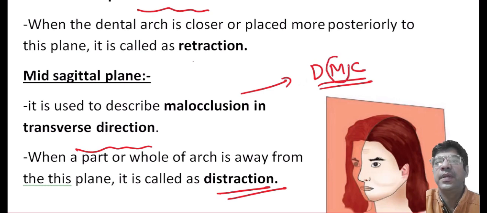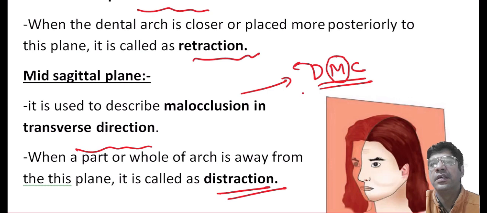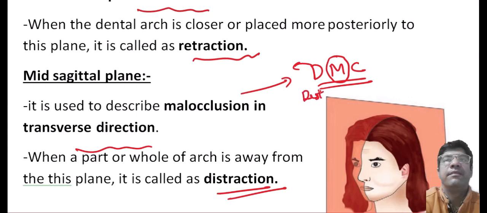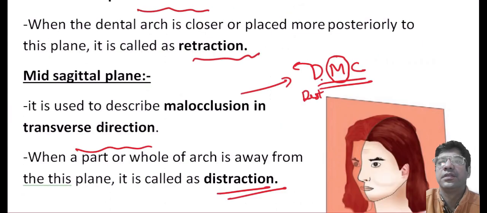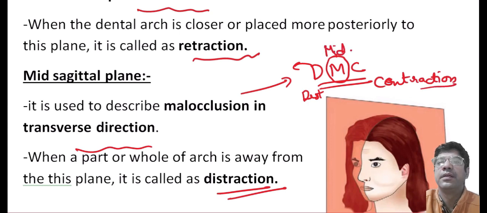D is when it is away, distraction, and when it is near, it's known as contraction. And M is the mid-sagittal plane.